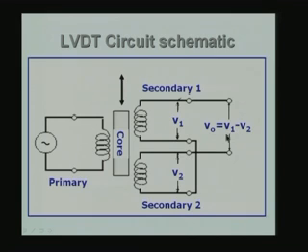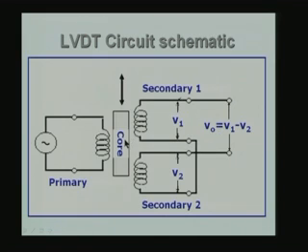There are some drawbacks in just measuring the difference between two voltages. We will look at it a little later, but for the present we notice that the output voltage here will be 0 if V1 and V2 are equal, when the core is symmetrically placed with respect to the two secondary coils. If the symmetry condition is disturbed, you are going to get an output here.